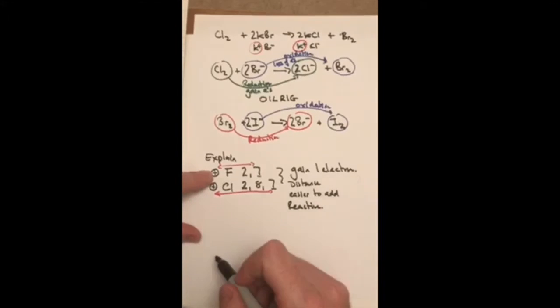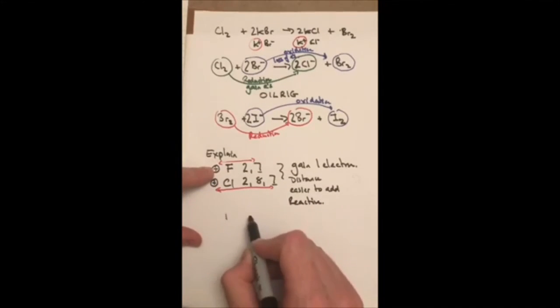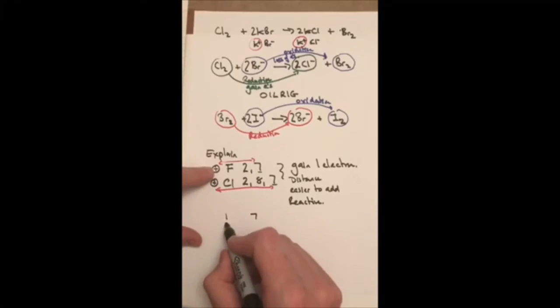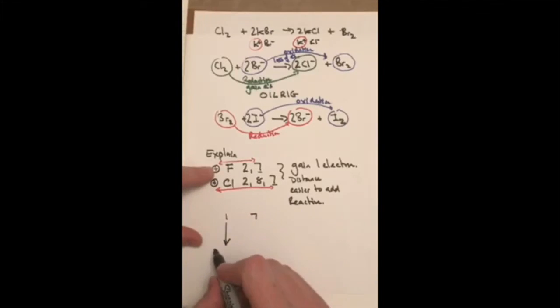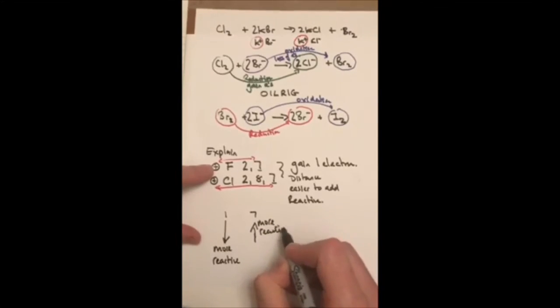So they become more reactive as they go up the group. So just remind ourselves, we've got group 1 and group 7. Group 1, as you go down the group, they become more reactive. And group 7, as you go up the group, they become more reactive.